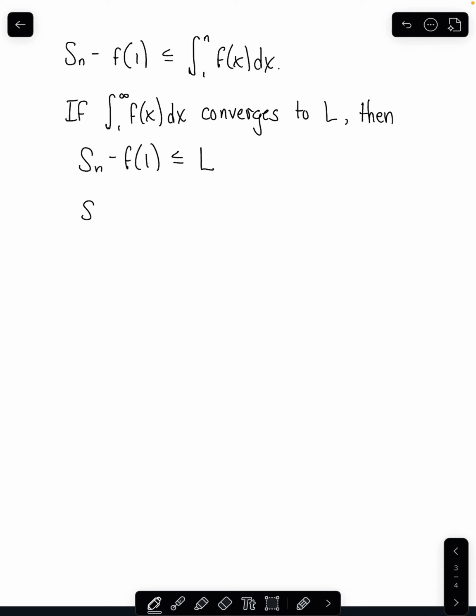Adding f of 1 to both sides shows that the partial sum, s sub n, is bounded from above.